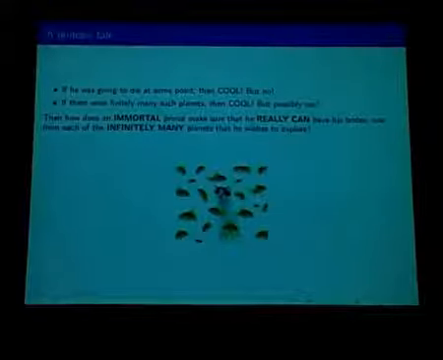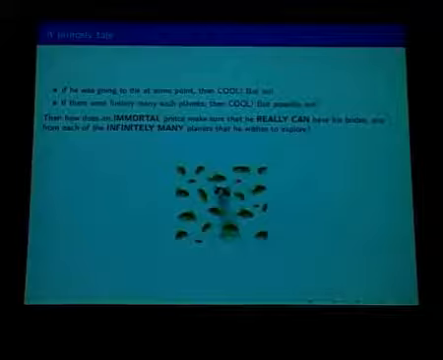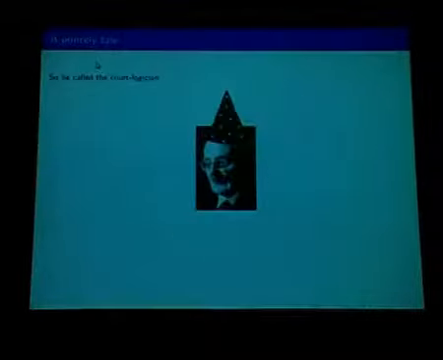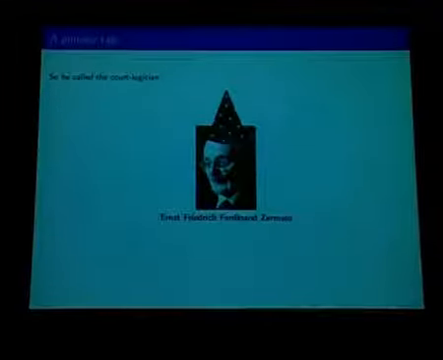So how does an immortal prince make sure that he really can have his brides, one from each of the infinitely many planets that he wishes to explore? Because see, the point here is infinity, because we can't really say anything about infinity, right? So what the prince did, he called this court logician called Zermelo.